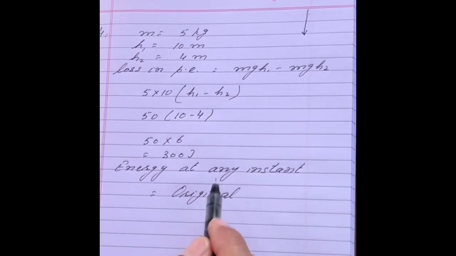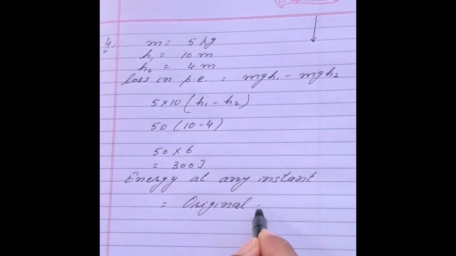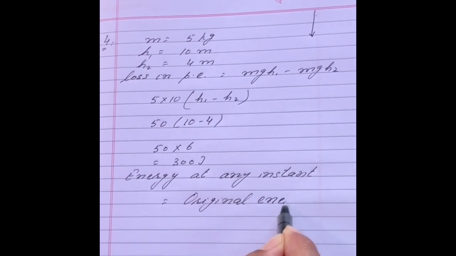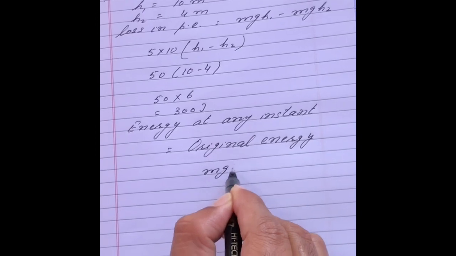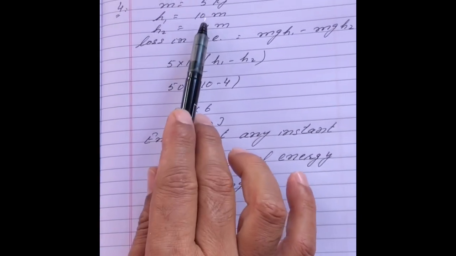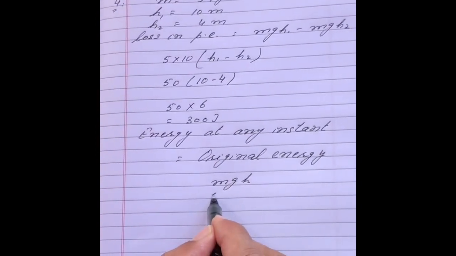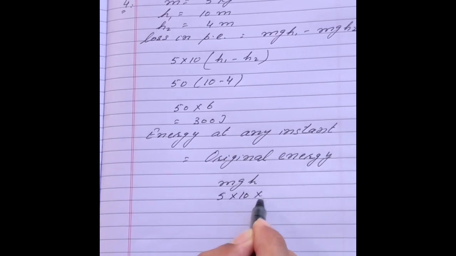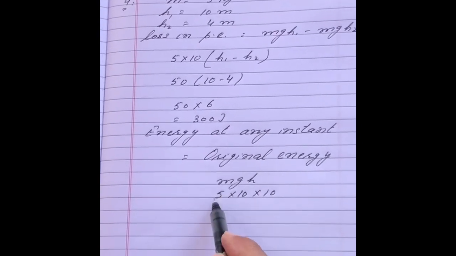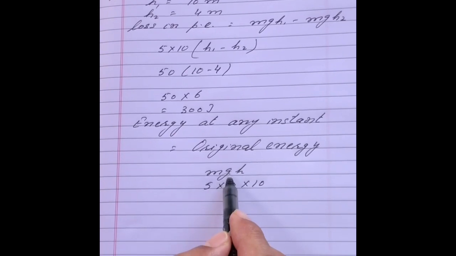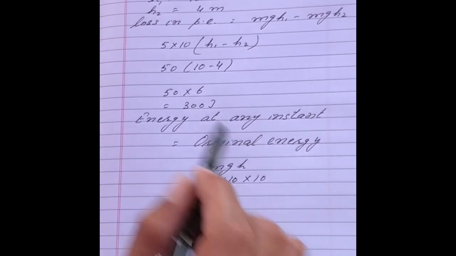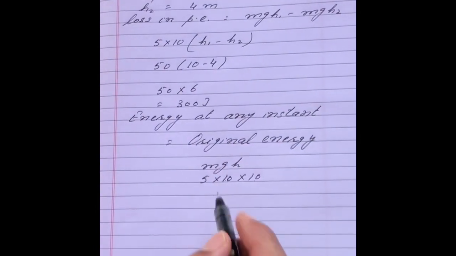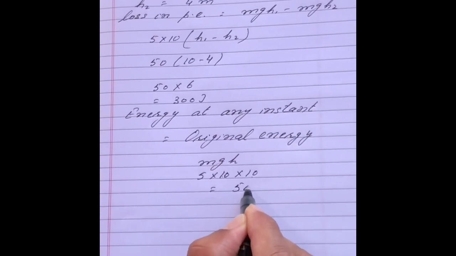So energy at any instant will be equal to the original energy, that is mgh. Original height is 10 meter, so original energy will be 5 into 10 into 10. 5 is mass, 10 is acceleration due to gravity, h is original height 10 meter. So energy at any instant will be 500 joule.